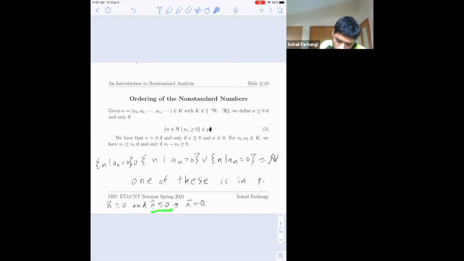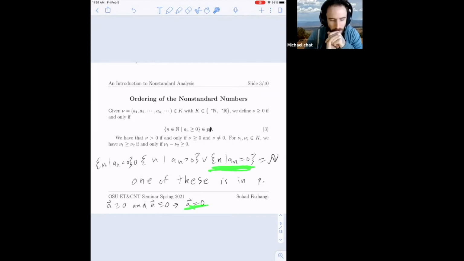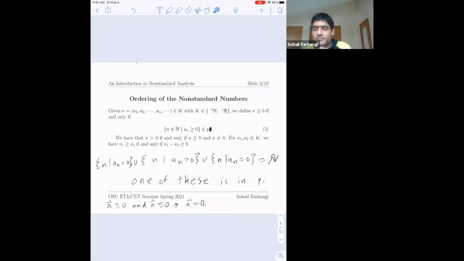If A is smaller than or equal to 0, then the union of these two sets is in the ultrafilter. So their intersection is going to be this set, and that will be in the ultrafilter. So therefore, okay, A is 0. Yes. Thank you for the question.